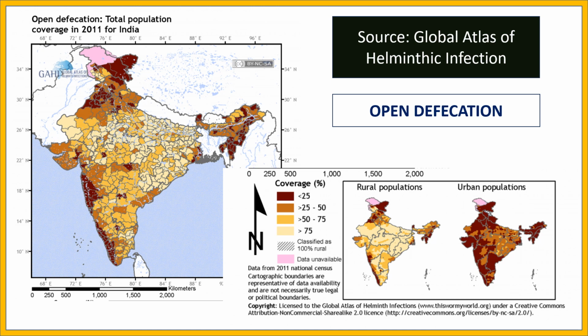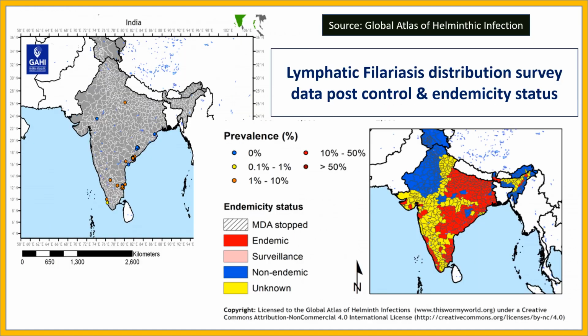So this is data taken from the Global Atlas of Helminthic Infection. Here again, let's see the lymphatic filariasis distribution. The red color shows endemic diseases, and the blue color non-endemic.